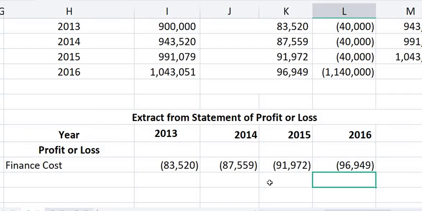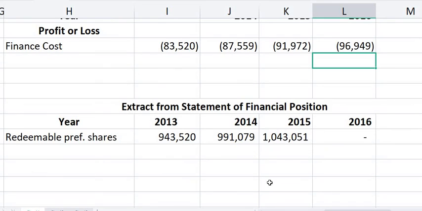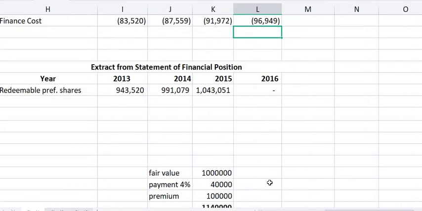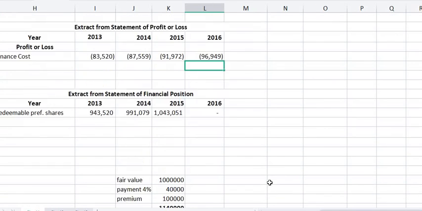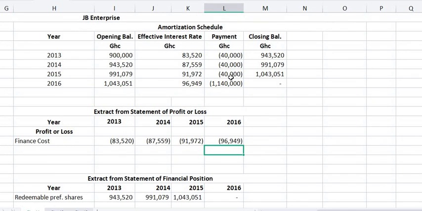So let's quickly move to our statement of financial position, most important one. So we realize that with Excel, it has automatically done that for me. So now let me zoom out for you to see what we did. Automatically, Excel has brought the closing balances there for me.